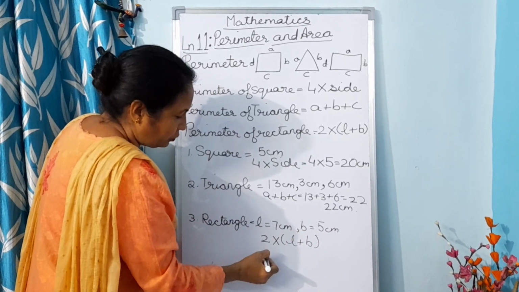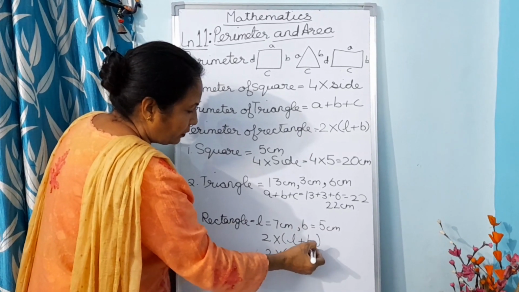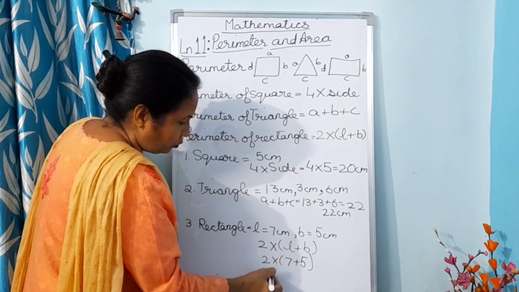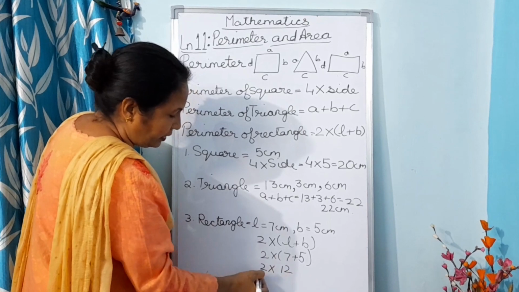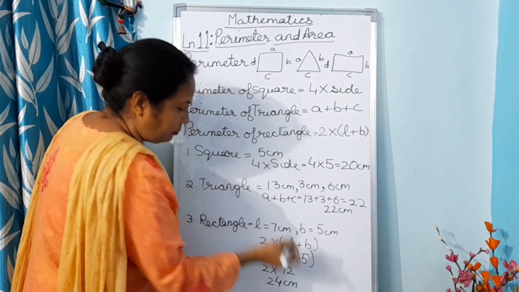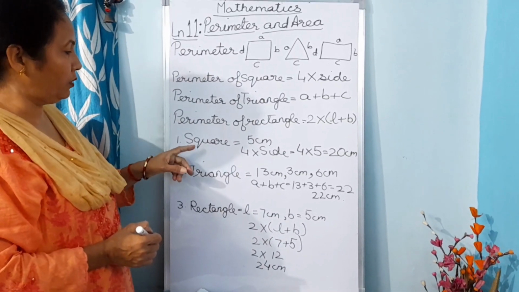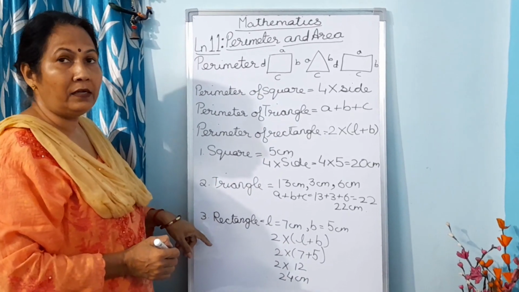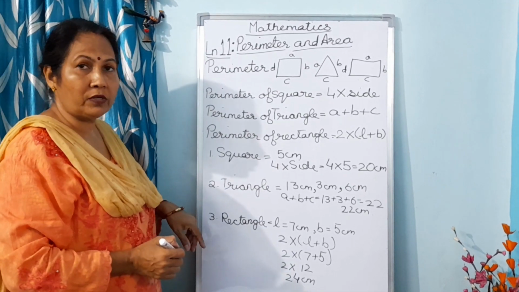So you will write 2 into 7 plus 5. Now next step is 2 into 7 plus 5 is equal to 12 and 2 into 12 is equal to 24 centimeter. This is how you have to find out perimeter of square, triangle and rectangle. So children, please see the video carefully.